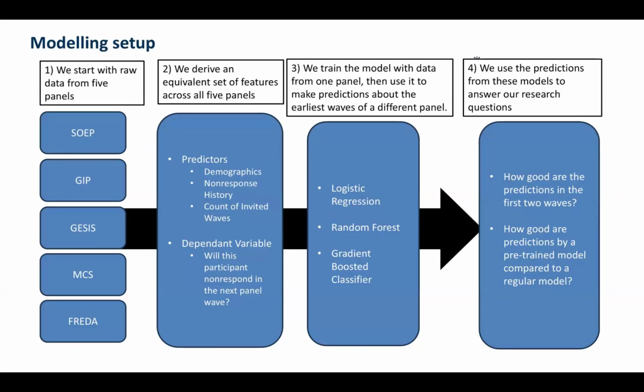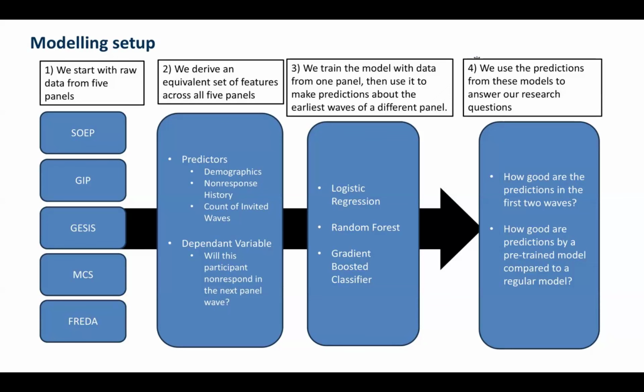We're developing our predictors, and we have done our best to develop an equivalent data set across the 5 panels. They all vary slightly in how they code what a non-response is, how they ask demographic questions like how large is your household. So we did our best to take into account these variations. And then having done that, now we have for all 5 panels a data set that we could throw into our common set of models, and then we can check how well they did.